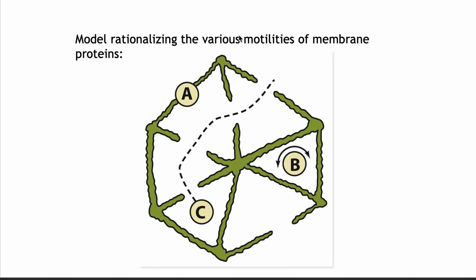And if we consider the green part right here to be the membrane cytoskeleton and A, B, and C to be different proteins, we could say that protein A interacts tightly with the cytoskeleton, whereas protein C could more freely move and protein B is locked within a specific region of the cytoskeleton. That's just one way to rationalize, or envision, how proteins might move around within the membrane.